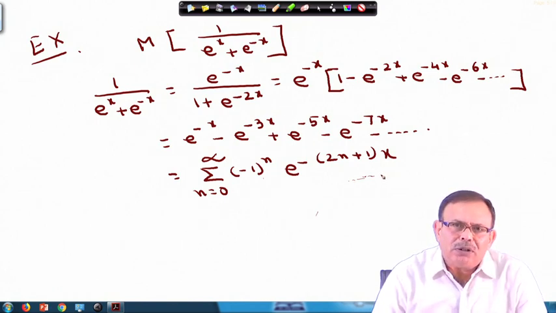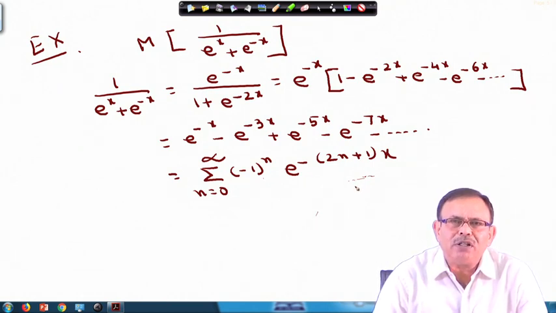So, finding the Mellin transform of 1 by e to the power x plus e power minus x is equivalent to finding the Mellin transform of summation n equals 0 to infinity, minus 1 to the power n e power minus 2n plus 1 times x.